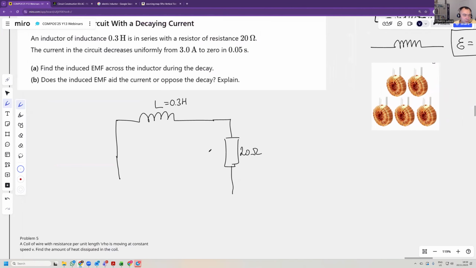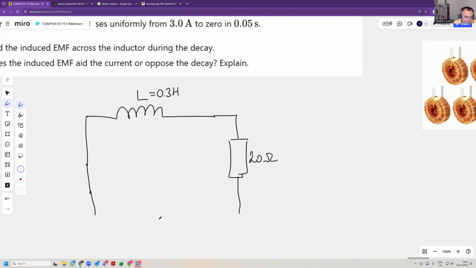Okay, you have the current. We don't know what's happening here, but we know that there's a current, and the current changes through time.